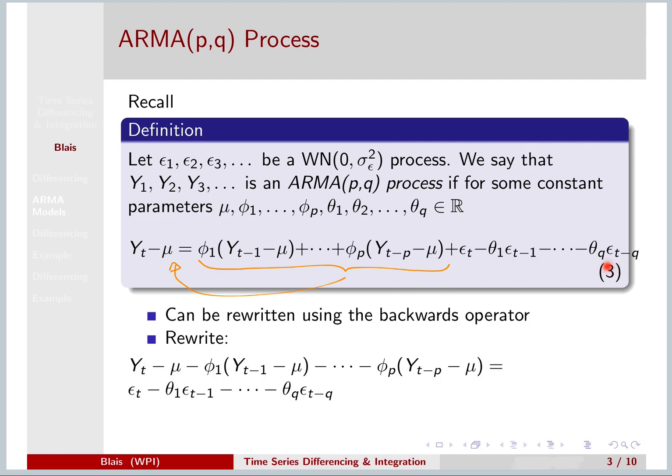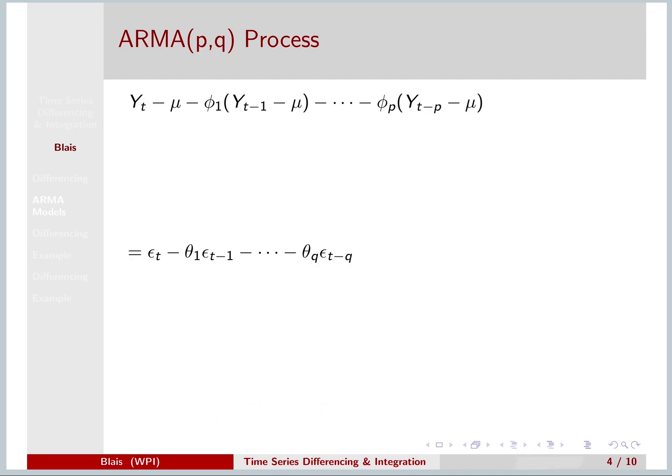And then we keep the epsilon_t and the previous noise terms on the right-hand side of the equation. With this, we can introduce our backwards operator. So this is the left-hand side of the equation, and this is the right-hand side of the equation for the ARMA(p,q) process after we've rearranged it.